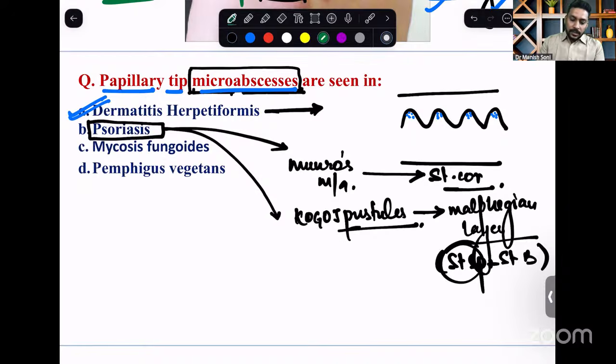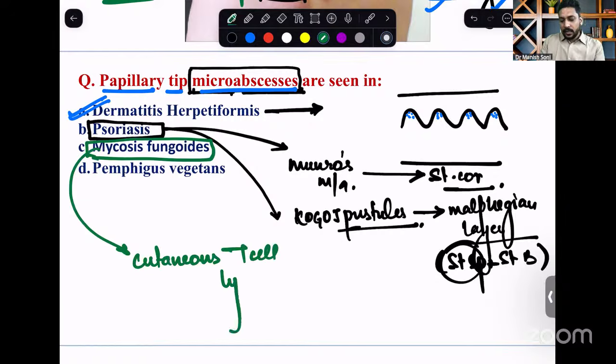Then comes mycosis fungoides. Mycosis fungoides is a cutaneous T cell lymphoma. This cutaneous T cell lymphoma or mycosis fungoides is a malignancy. It is a lymphoma.